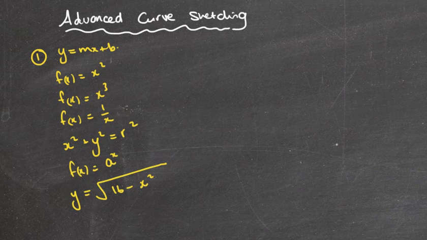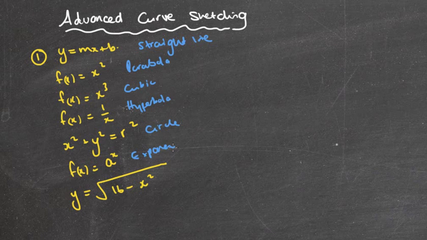So just again, to briefly go through those, that's our straight line graph. Then we've got our parabola, our cubic, our hyperbola, our circle, our exponential, and then also our semicircle.